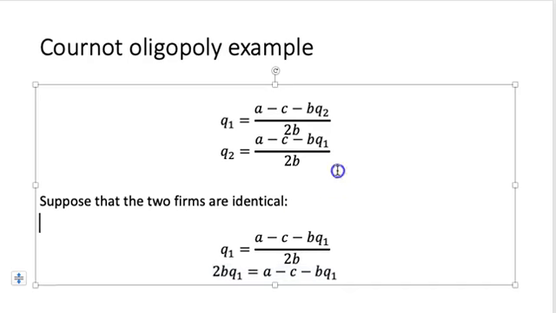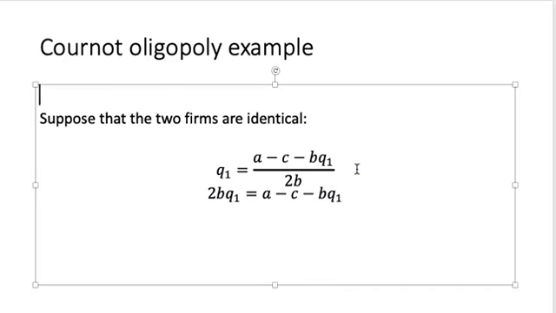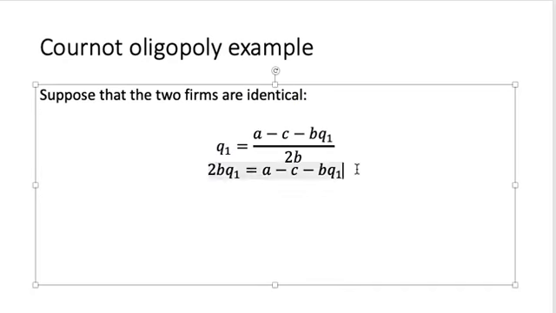Then isolate Q1, so that's going to be 2B Q1 plus B Q1 equals A minus C. Let's add some parentheses here for easier grouping.